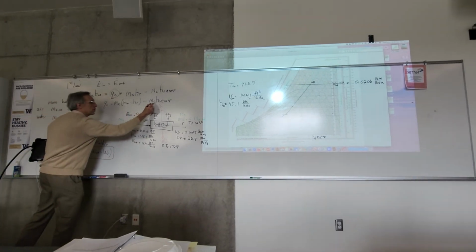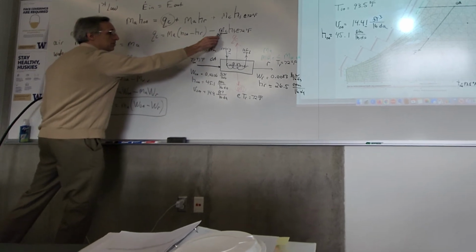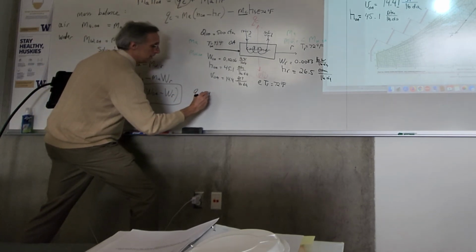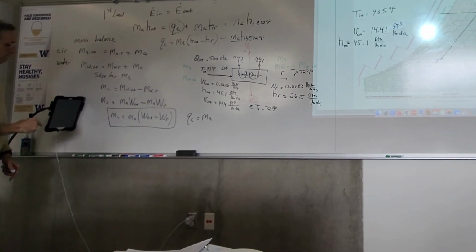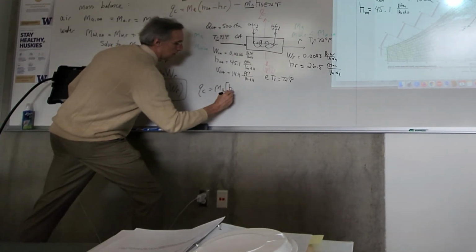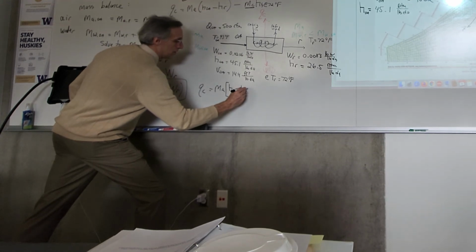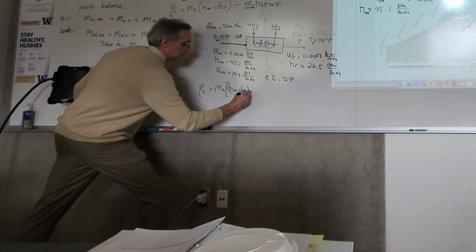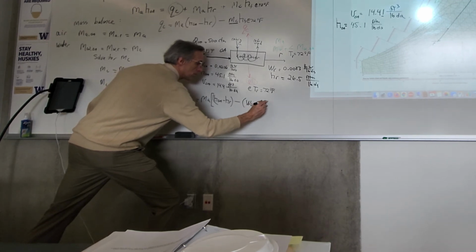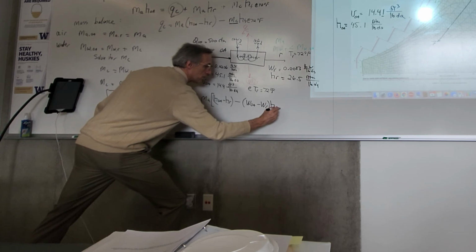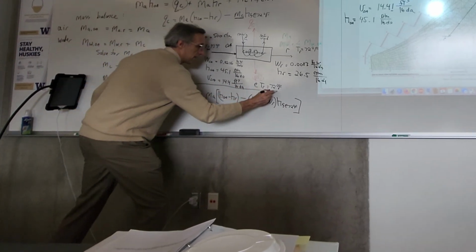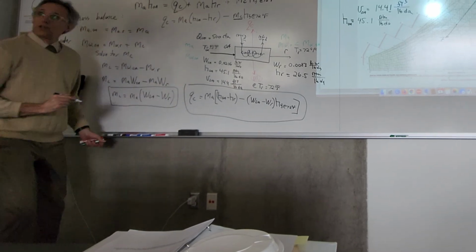And because we've just solved for MC, that's here, we can replace this MC with this MC, and we end up with our energy equation, M dot, or MA, so there's our energy balance.